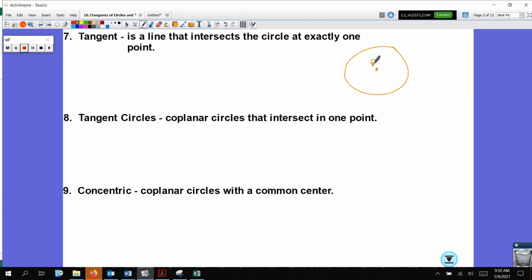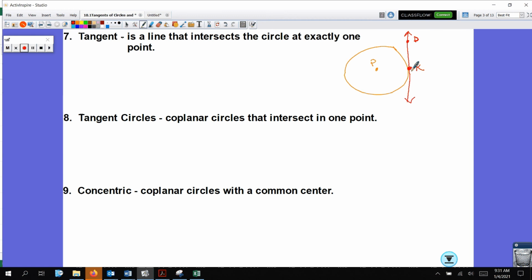Here's my circle P. Now I have some point K. I'm going to do my best to make sure that it touches. I'll make another point on that line. Right here, it just touches the circle. This is what makes it tangent.